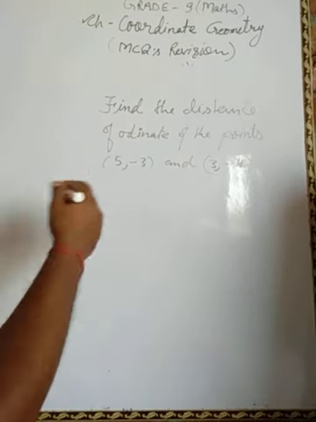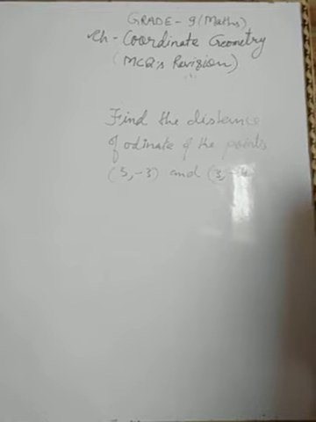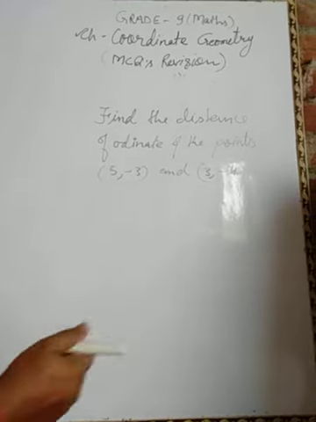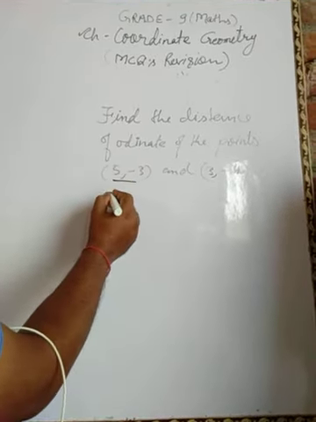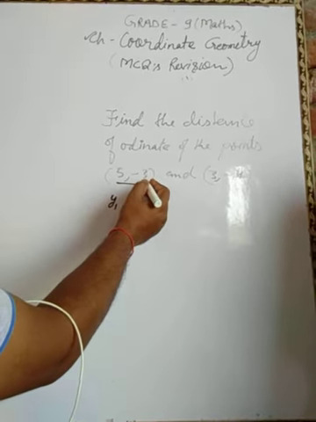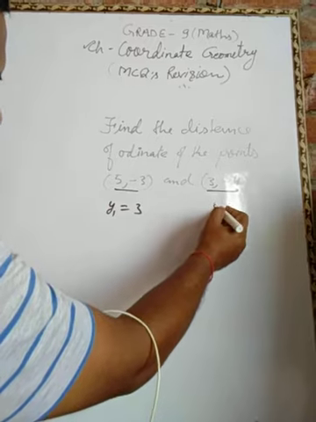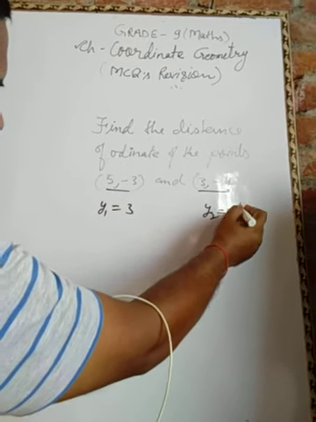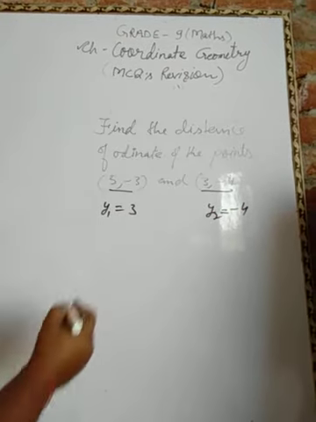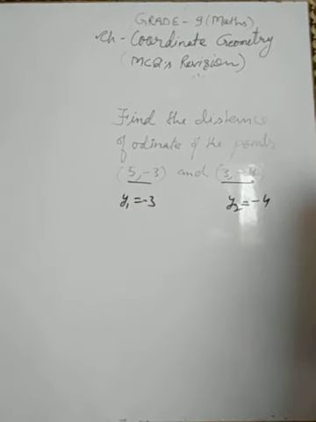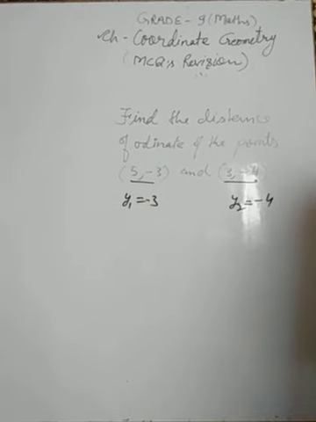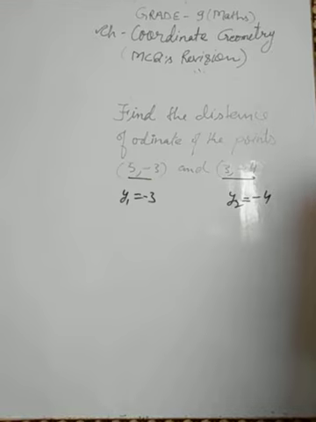From the first point, y1 is minus 3, and from the other point y2 equals to minus 4. We are looking for the distance between these 2 points, right?